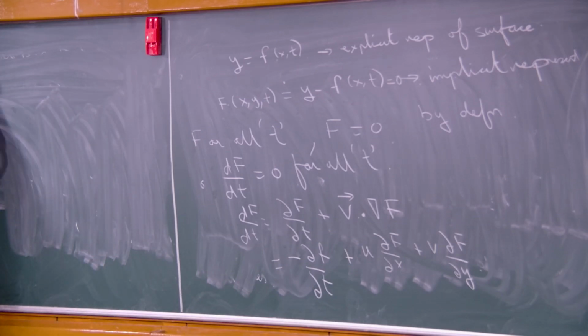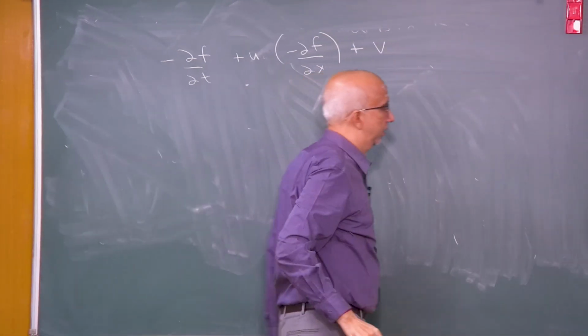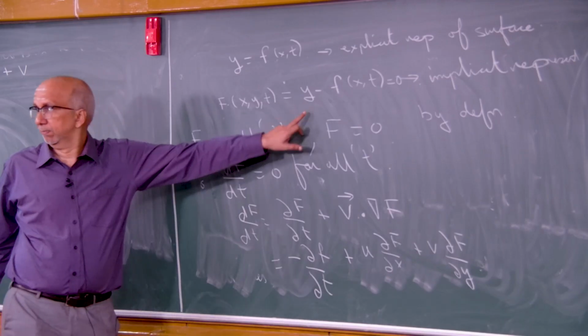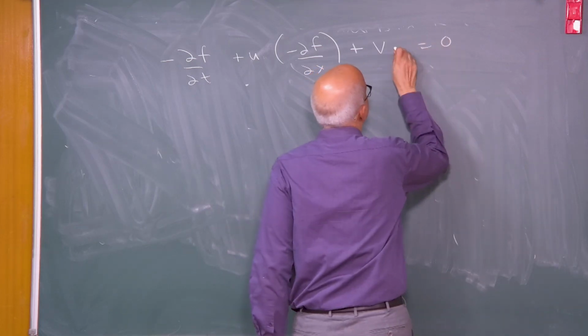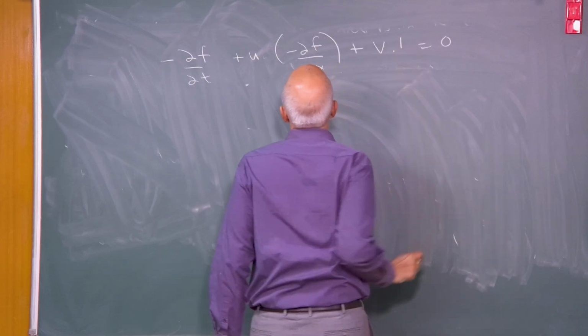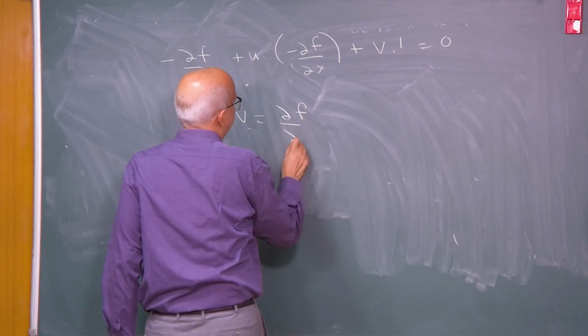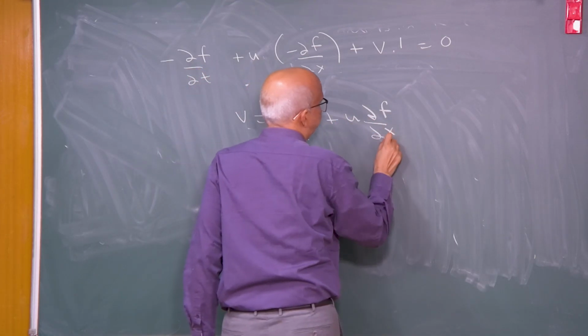Plus v, what is dF by dy? dF by dy is 1, equal to 0. So basically it tells me v equals df by dt plus u df by dx.